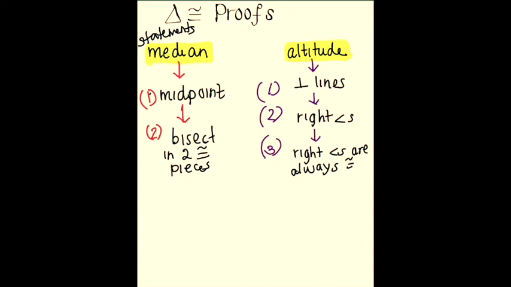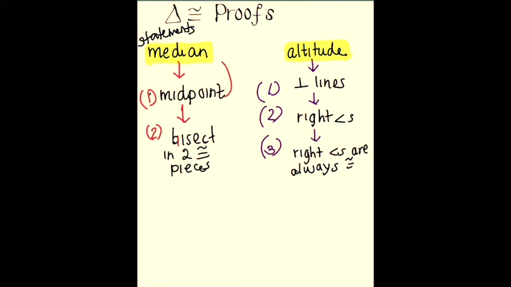The very cool thing about the way this flowchart works is that for all these statements, what's written before it becomes the reason. So if they give me that a line segment is a median, then I'm able to say that one of the points on the line is a midpoint.